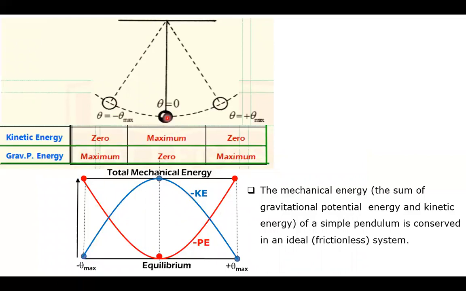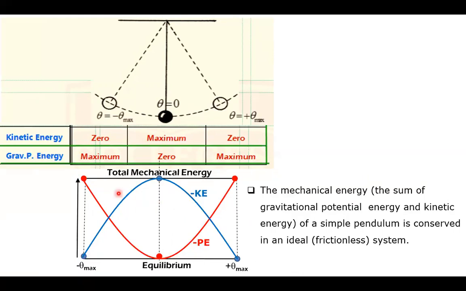At equilibrium position, kinetic energy gets its maximum value, so the blue line gets maximum value, but gravitational potential energy gets its minimum value. And again, gravitational potential energy increases, but kinetic energy decreases. This is the diagram which shows how kinetic energy and gravitational potential energy change for a swinging pendulum.